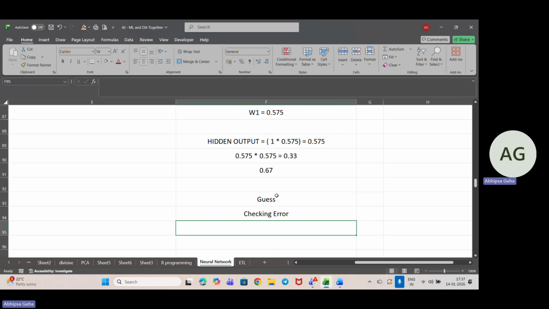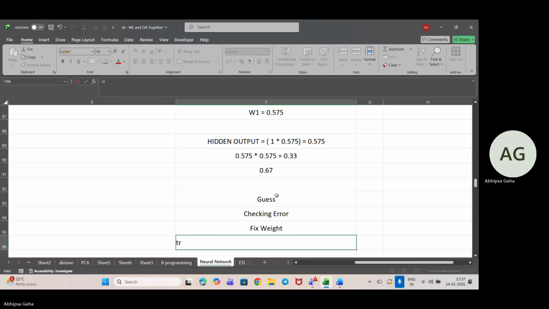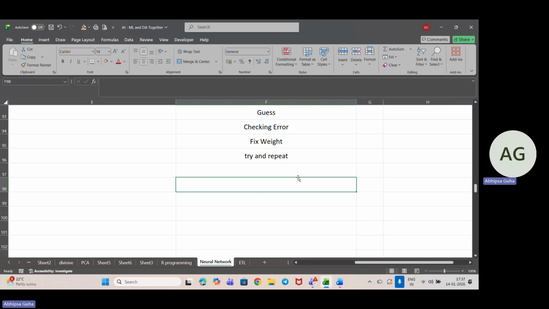Then we have gone ahead with fixing the weight. Then we have gone ahead and tried to repeat. Okay, so after learning, my value comes up as 0.33.